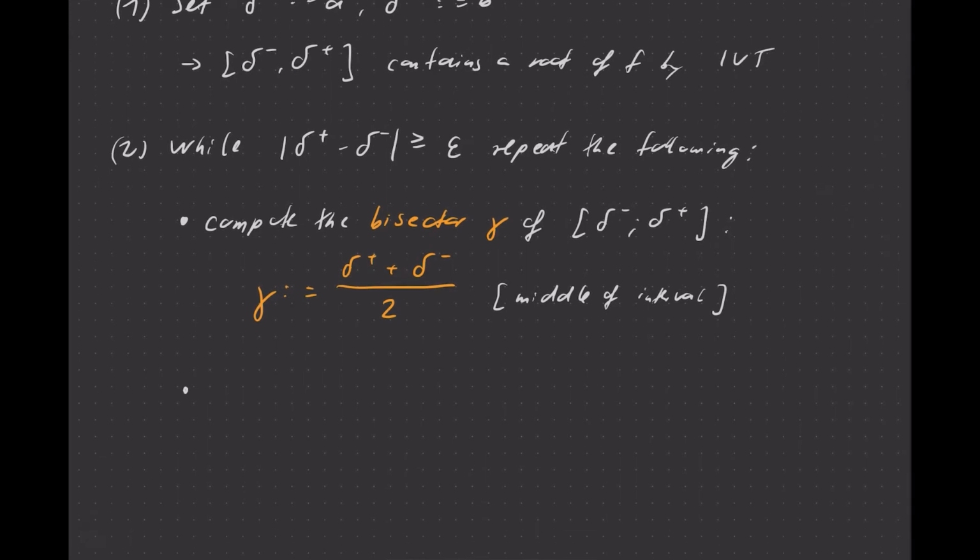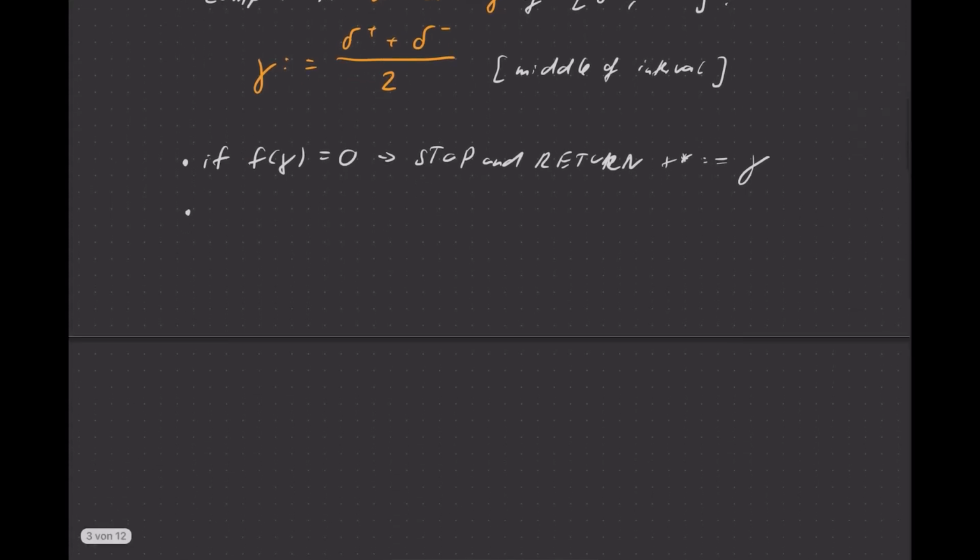So the next step we do is, if f of gamma happens to be 0, then stop, and return x star as gamma. Otherwise, if that's not the case, the function value at gamma is either positive or negative.